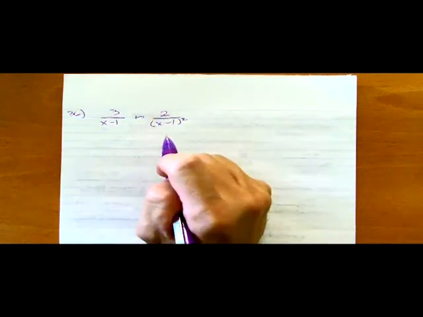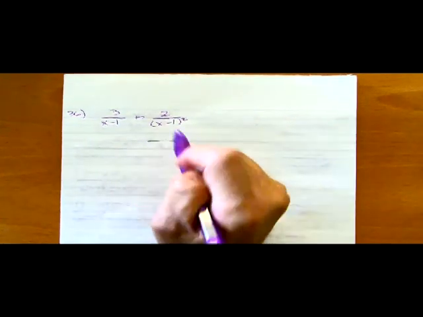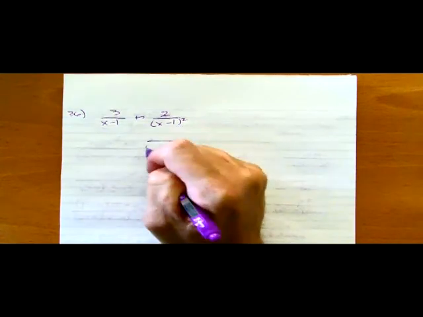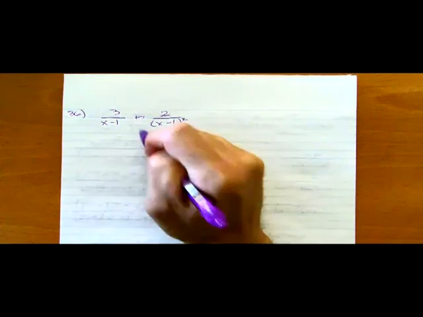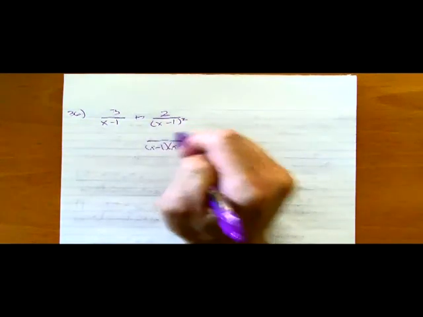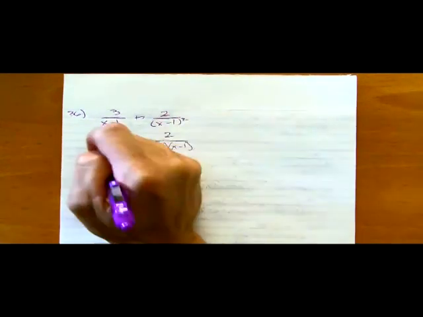So again, I wouldn't multiply each denominator by the other denominator. If you look at that second fraction, really we could just separate it. X minus 1 squared, we just write it as 2 parentheses. The exponent tells you how many times to write the base. The other fraction is still 3 over x minus 1.